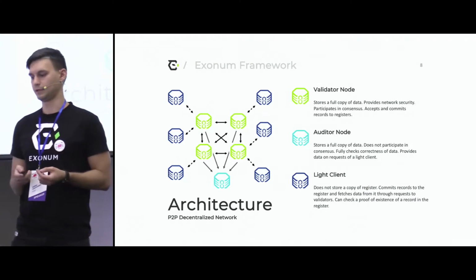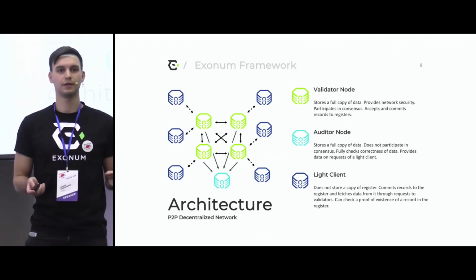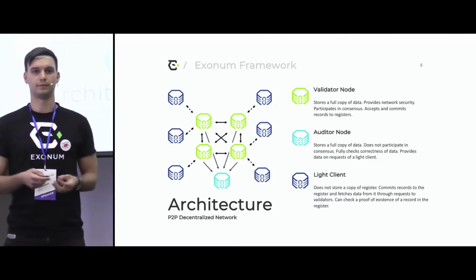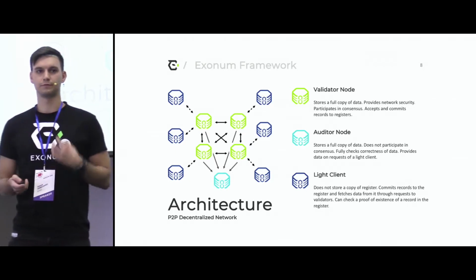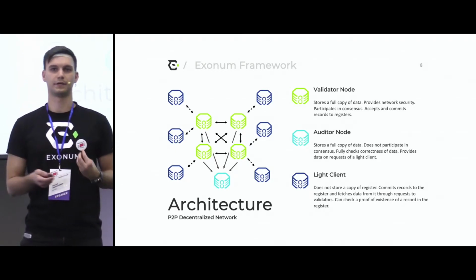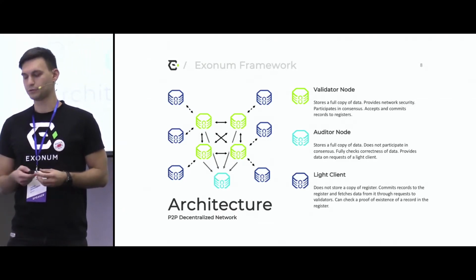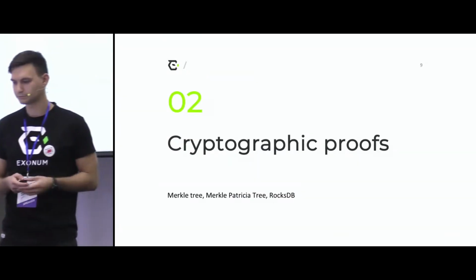And the light client. Usually it's the integration part. It does not store any information from the main nodes, but it has all the functionality to get the proofs and to calculate all the proofs on its side. Usually on this side we are using our JavaScript library.